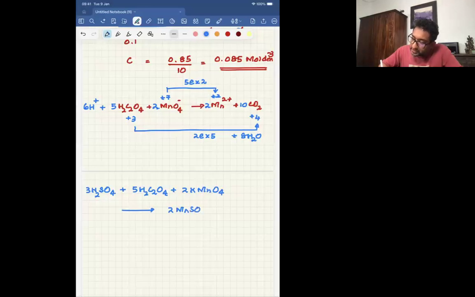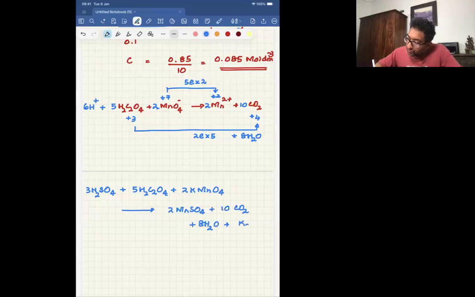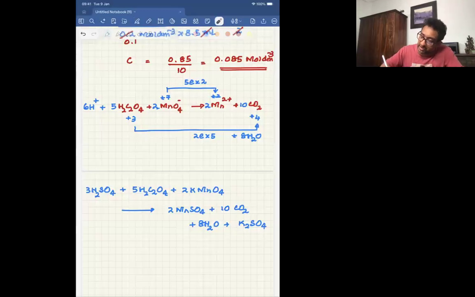No other anion is present. 10 CO2, and then 8 H2O. How many potassium? Here you can see 2 potassium altogether, and you get K2SO4. So you can see all the sulfates. Here 2 sulfates and here the next sulfate. Altogether 3 sulfates are there.